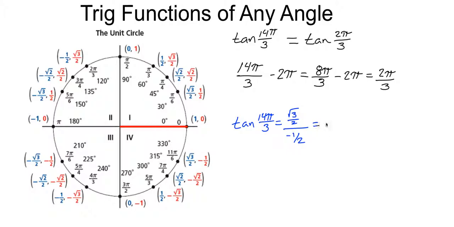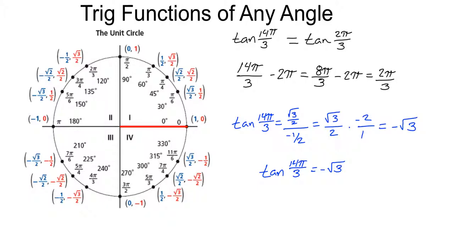And so what that really means, we're multiplying by the reciprocal. So root 3 over 2 times a negative 2 over 1 is going to equal a negative root 3. So that means then that the tangent of 14 pi over 3 is equal to a negative root 3.